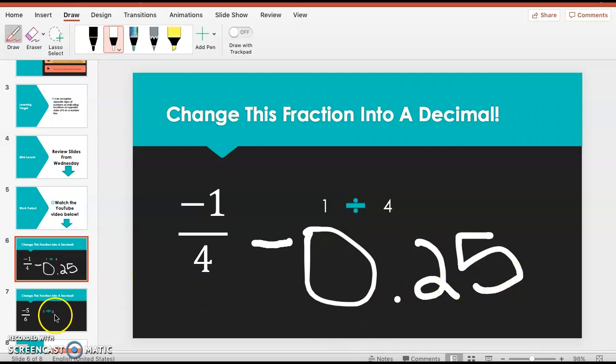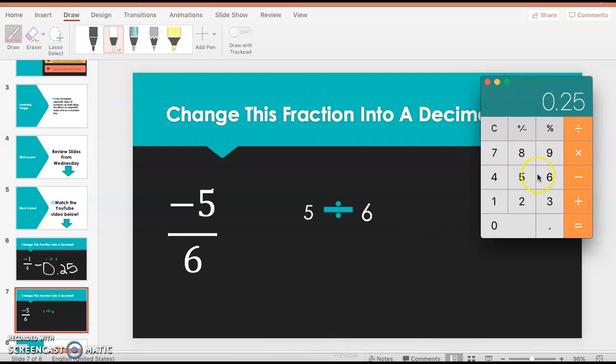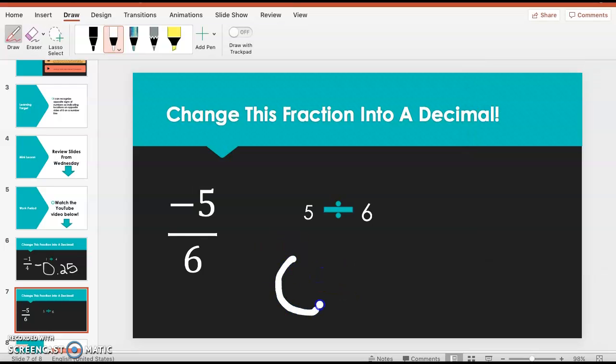Okay, now we have negative 5 over 6. Well, negative 5 over 6 really just means 5 divided by 6, okay? So if we were to put 5 divided by 6 into our calculators, we would get 0.833333333. Well, the way we're going to write this is 0.83.